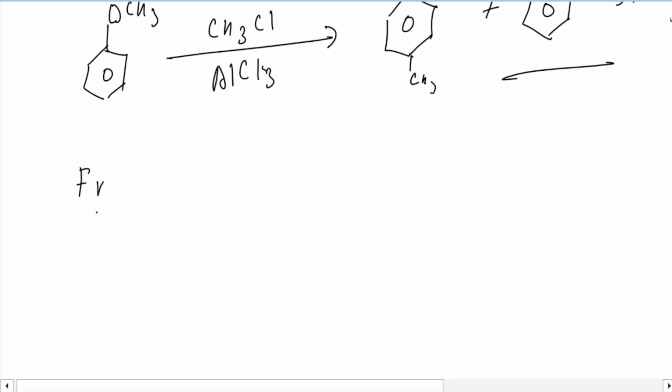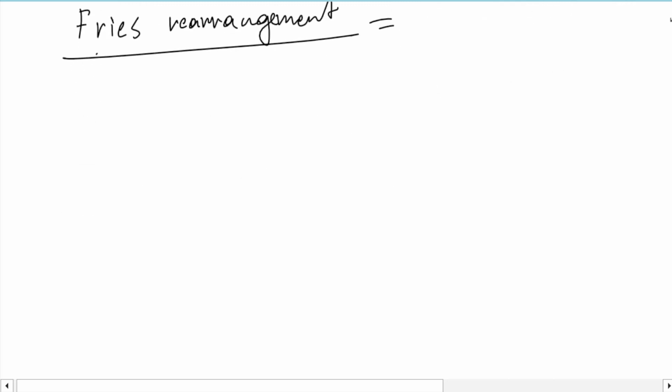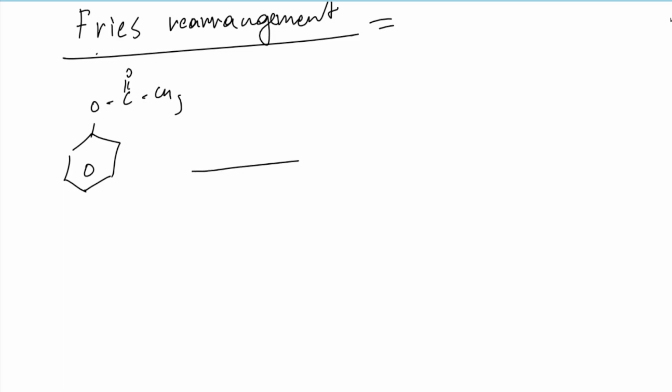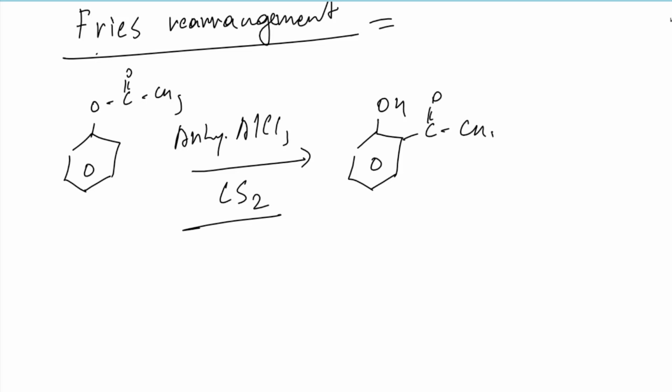Let us discuss that. What is Fries rearrangement? Fries rearrangement is basically where we take an ester, and when it is reacted with anhydrous AlCl3 in the presence of a nonpolar solvent like carbon disulfide, what it forms is ortho and para substituted methyl ketones.